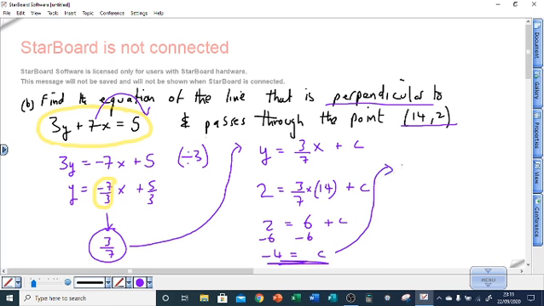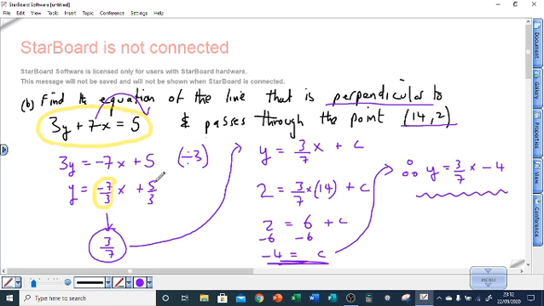So that leads finally to, therefore, my equation is now y equals 3/7 x, and I found c, it is -4. So y equals 3/7 x plus -4. Well, plus minus is the same as putting -4. And that there answers this question. That there is perpendicular to this graph, and I guarantee it goes through the point 14, 2. That's how to answer it.